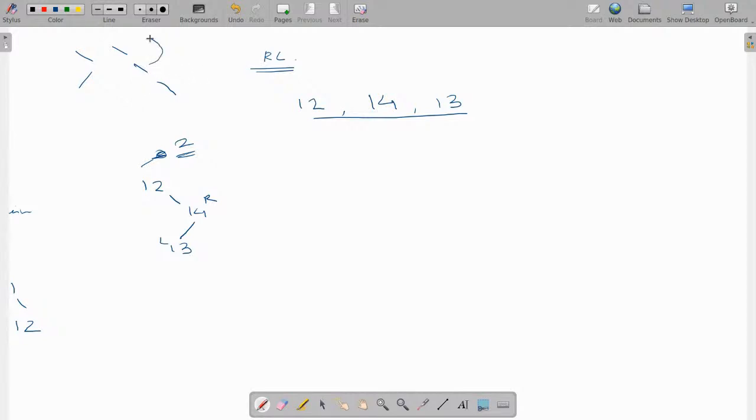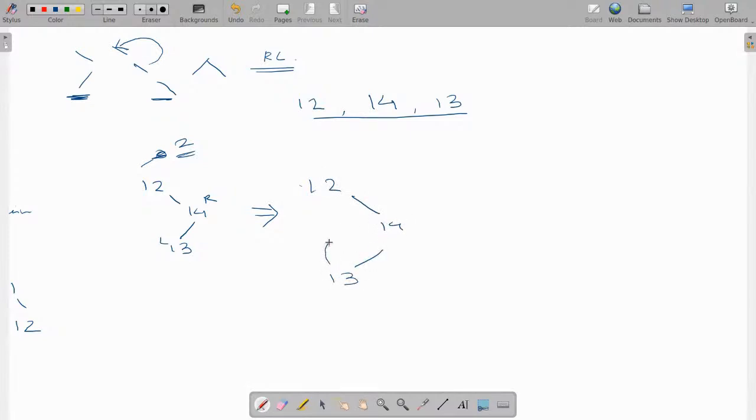How will we perform this particular rotation? An anti-clockwise rotation or a left rotation in this case? So we know after this rotation the structure will look like this. So the first task is to convert this structure into this structure, and we have to make this come here.